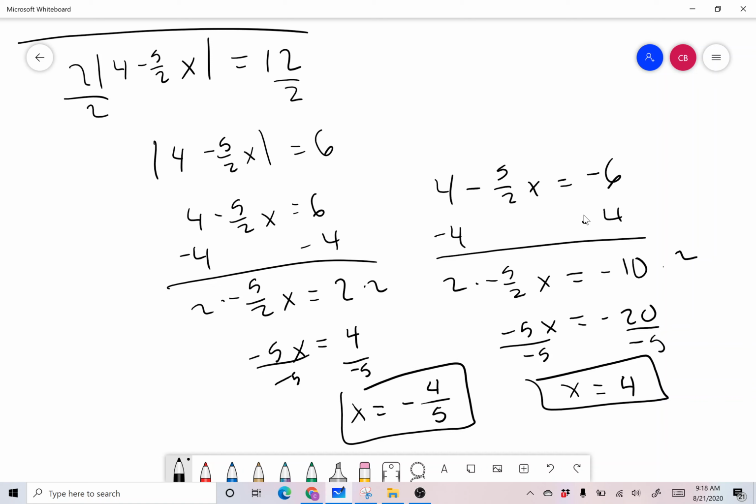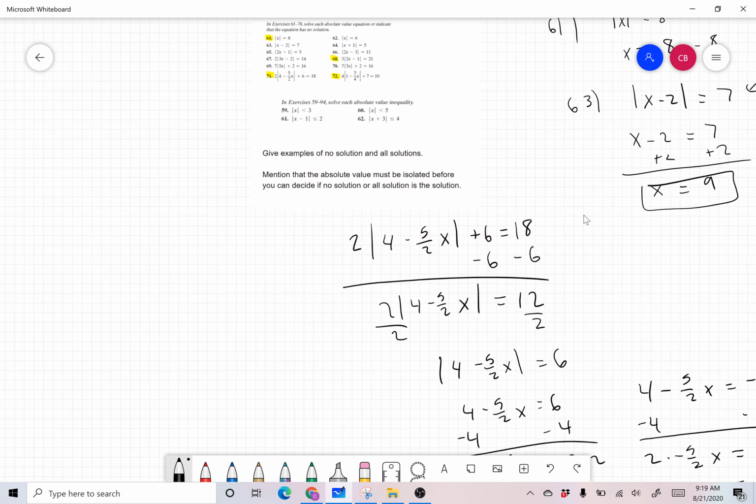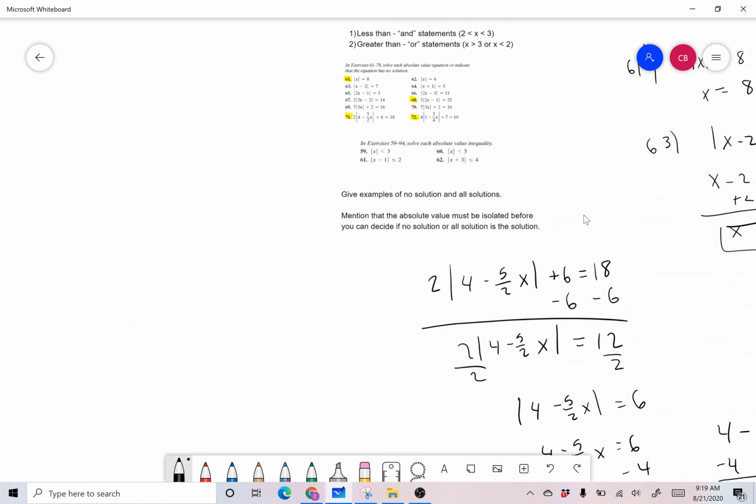One thing you should note about absolute values is that they cannot equal a negative, because the distance from 0 cannot be negative. Distance is always positive. You will never say I went negative 2 feet. You'll just say I went 2 feet to the left, or I went 2 feet to the right, or I went 2 feet in any direction, but not negative 2 feet. So that takes care of that.